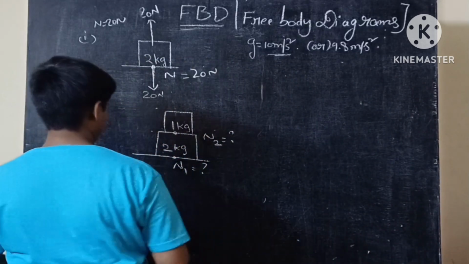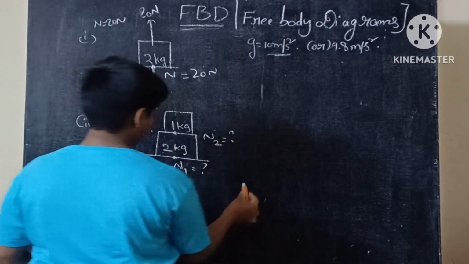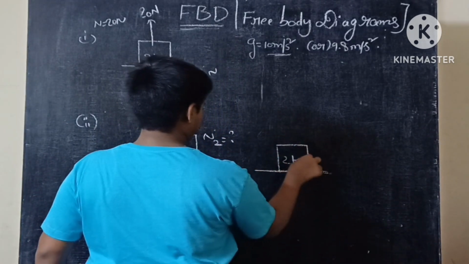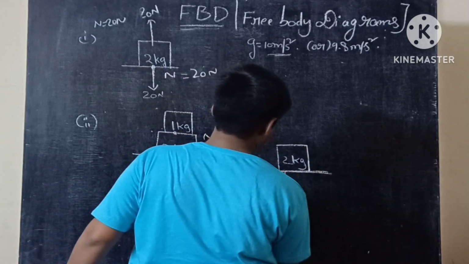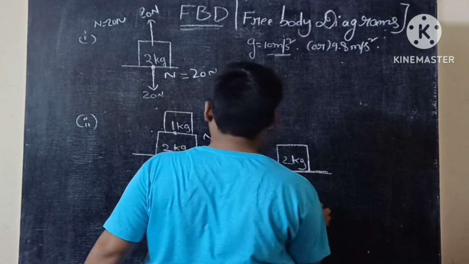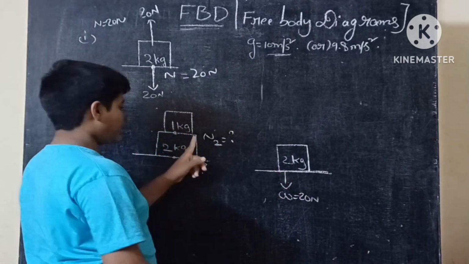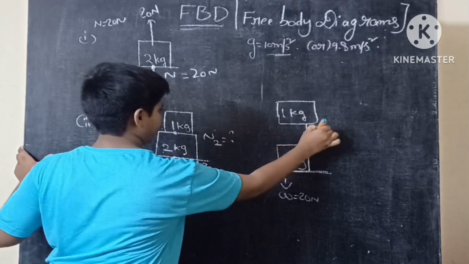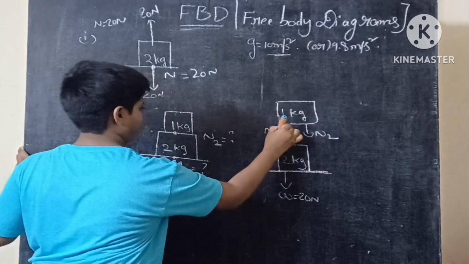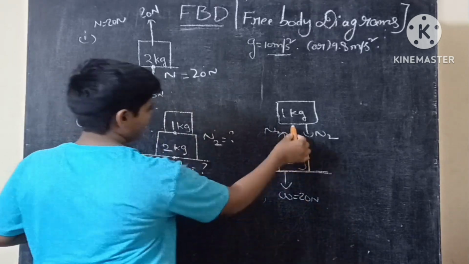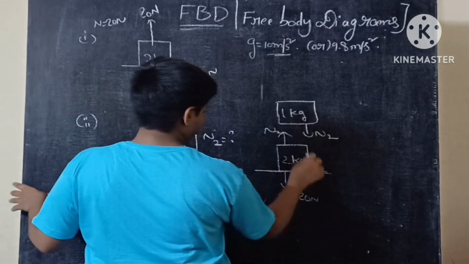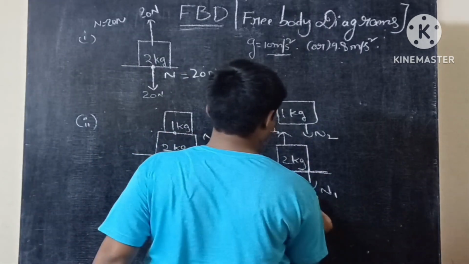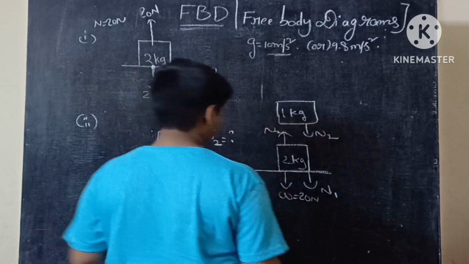Take 2 kg, gravity acts downwards, which means 20 newtons, and N2 is there. For 1 kg, downwards is N2 and upwards is N2, and downwards N1. Like this we have to do.